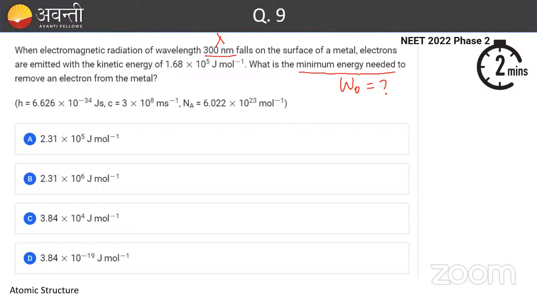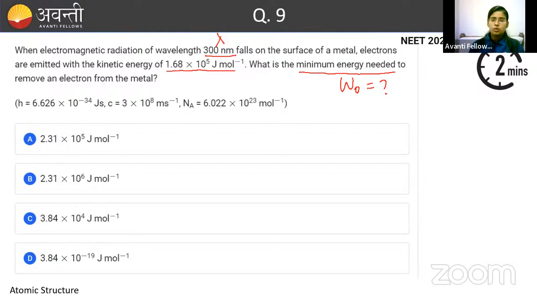The kinetic energy value is also given. And we have the H value, C value, the speed of light, and the Avogadro number, everything in the question. So from these given values, we have to find out the value of W naught.